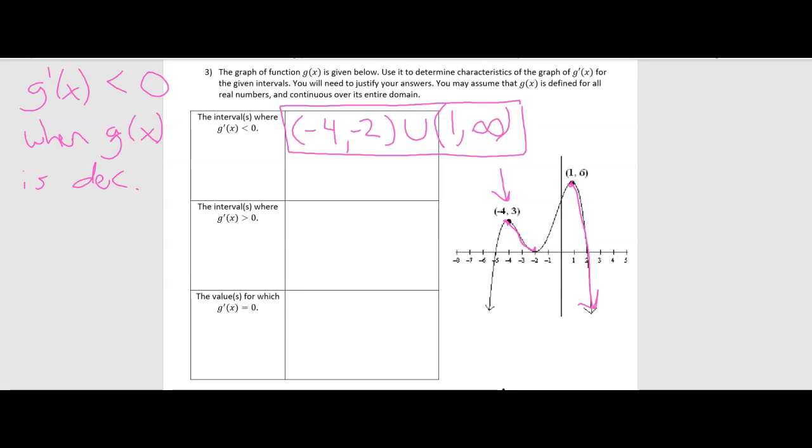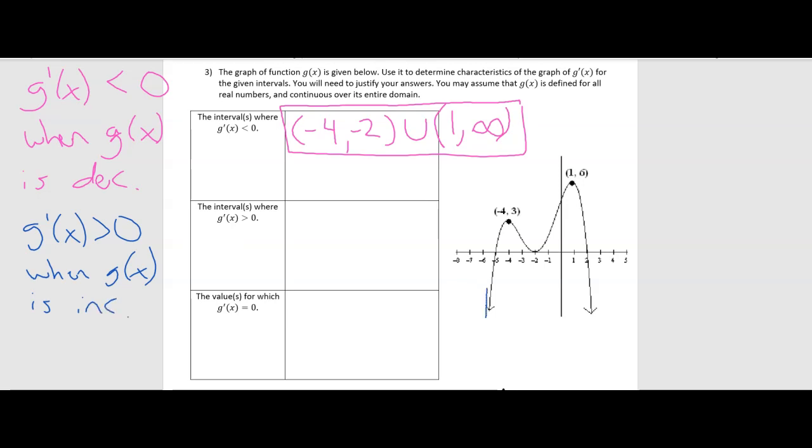Okay, now we're going to look at where g prime of x is positive. So g prime of x will be greater than 0 when g of x is increasing.